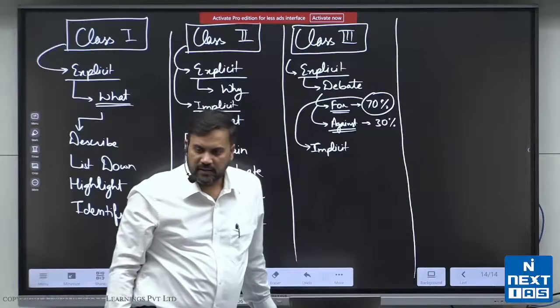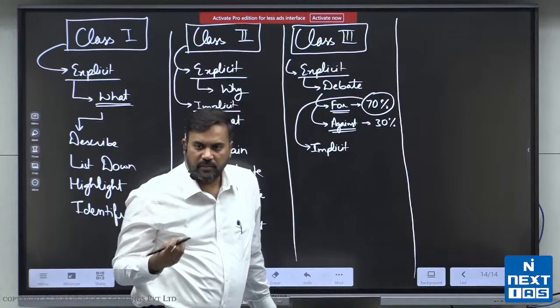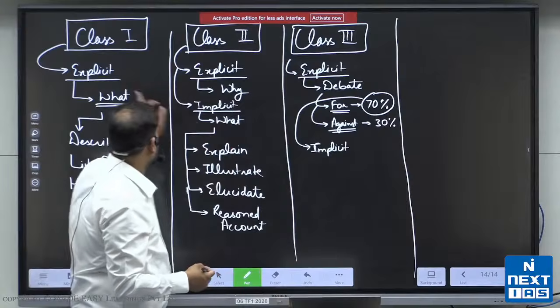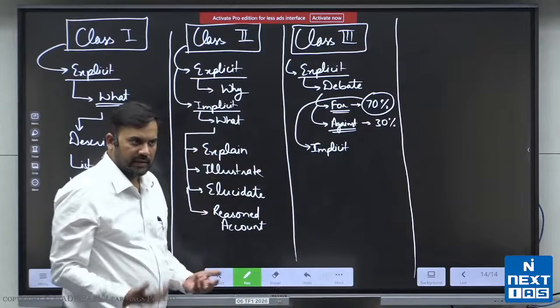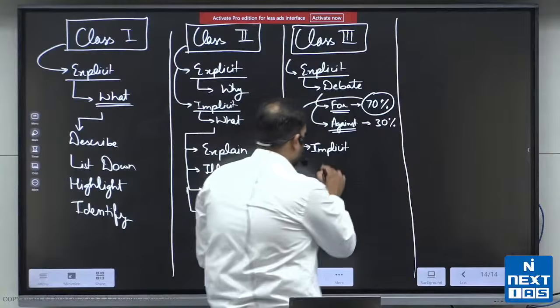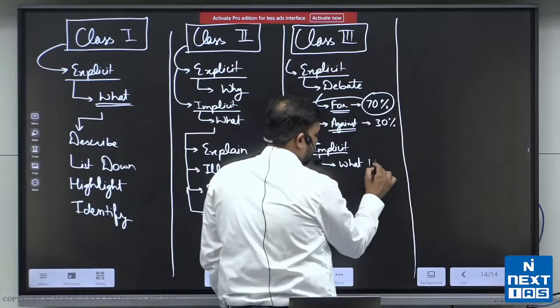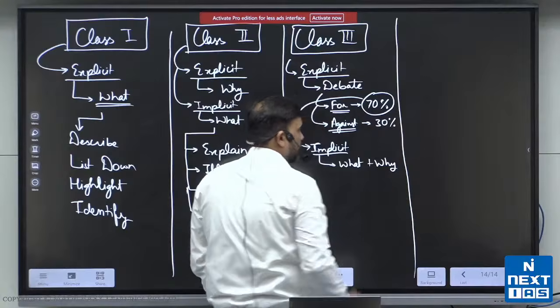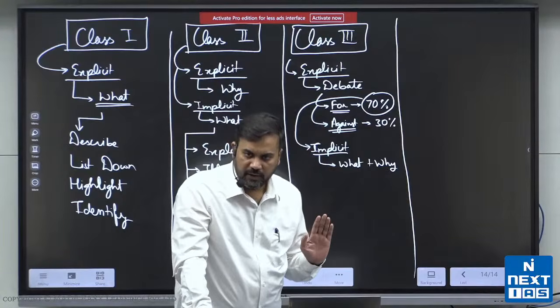What is the implicit? अगर मैं किसी विषय के बारे में, किसी सब्जेक्ट मैटर के बारे में डिबेट करूंगा तो आई विल ऑल्सो हैव टू लिटिल बिट राइट अबाउट व्हाट एंड व्हाई. So it is already there, it is implicit in that. So here what plus why is implicit. So वो 70% में included है. I hope you get this point.